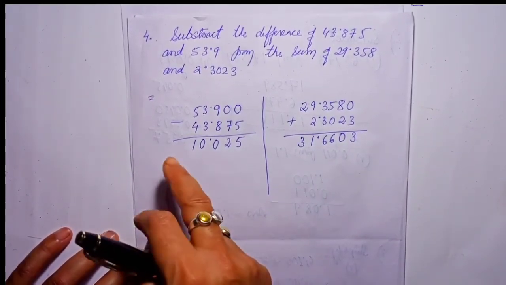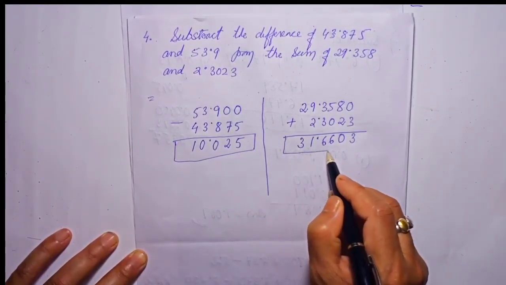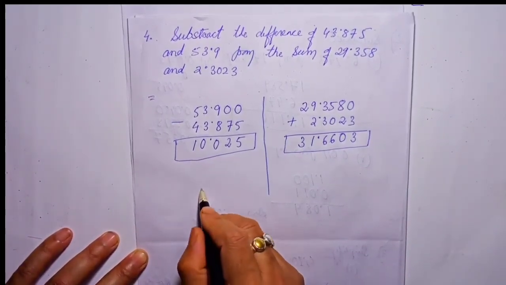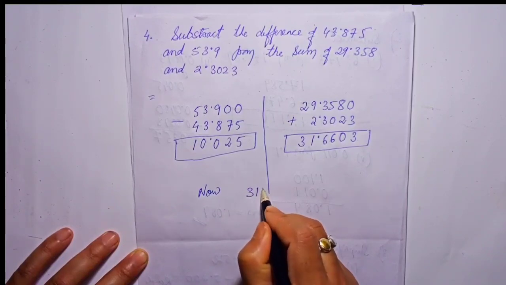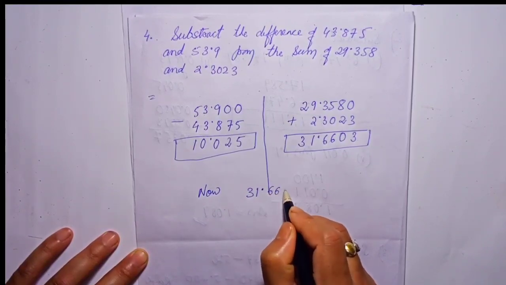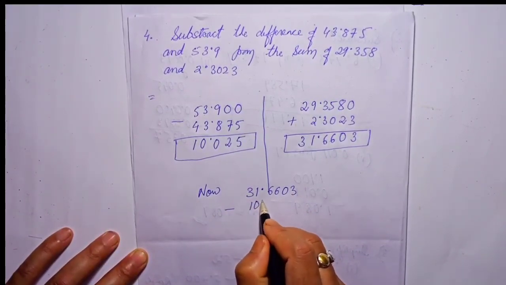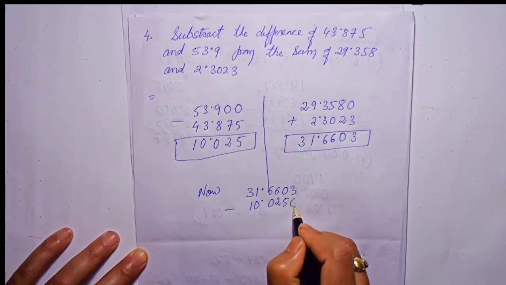Now what is the question saying? You have to subtract this number from this number. Okay, the question is very easy. Now see, 31.6603 minus 10.0250.